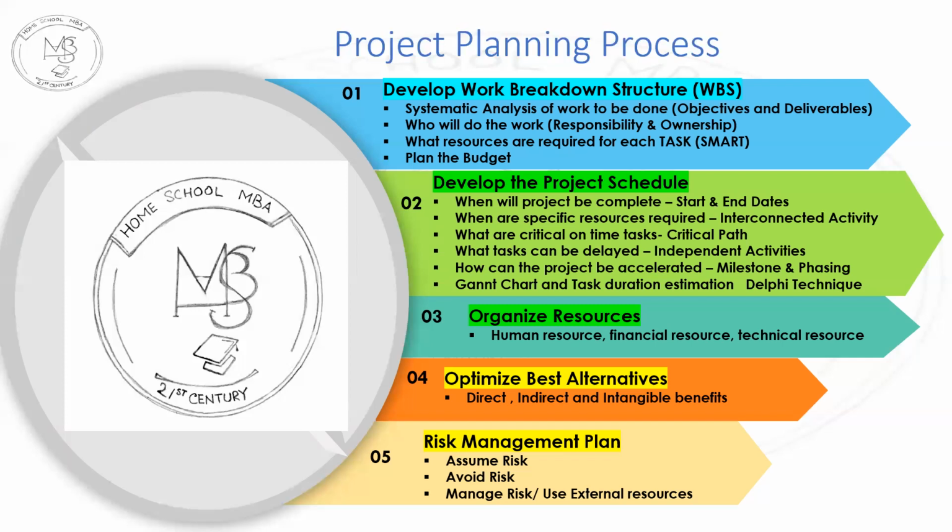So you assume all those risks, and then you make sure that such risks are covered or avoided, and you develop the techniques on how to avoid that risk. Again, here in project management, you will see that buffer zoning comes to your rescue every time. Now, that is called manage risk or use external resources.